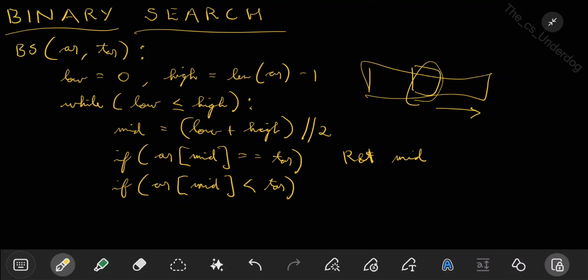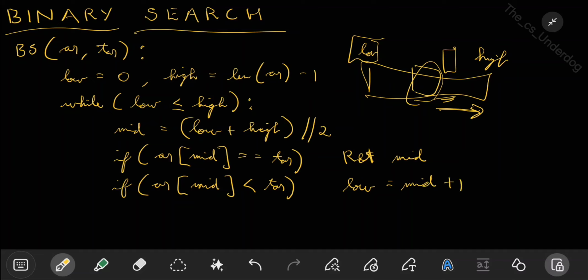In order to go to the right part, what should you do? Initially your low value is here, high value is here. If you want to go to the right part, you have to shift your low value to this point. So how do you do that? Your new low should be mid plus 1, the next value of mid.